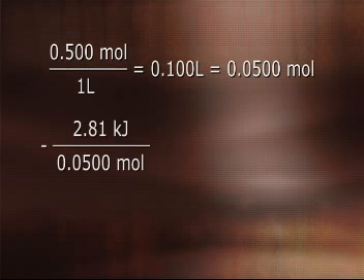Thus, the heat of neutralization when 1.00 moles of hydrochloric acid react with 1.00 moles of sodium hydroxide is the heat absorbed by the combined solution divided by the number of moles of the acid or base in the combined solution. This gives us the answer minus 56.2 kilojoules.